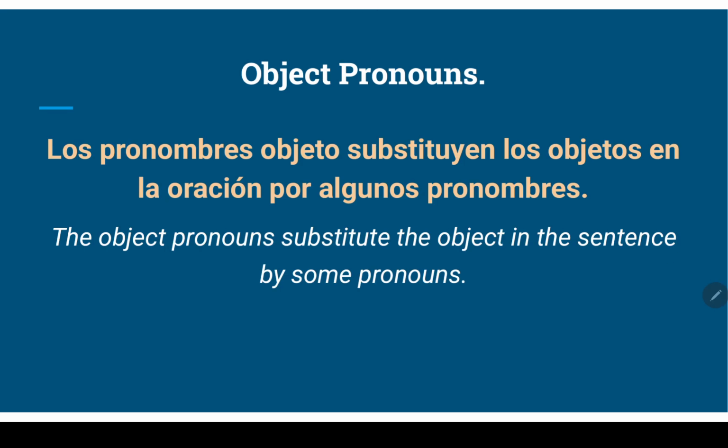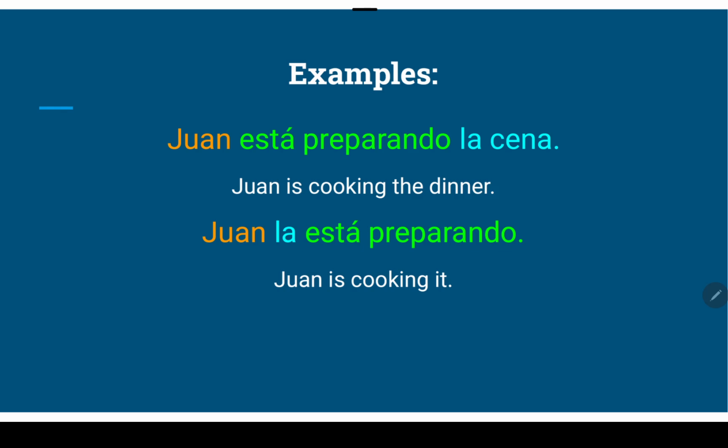Then we have the object pronouns. As we understand, the object pronouns substitute the object in the sentence with some pronouns. Los pronombres objetos sustituyen los objetos en la oración por algunos pronombres. So here we're going to see them. For example, Juan está preparando la cena. That means Juan is cooking the dinner.